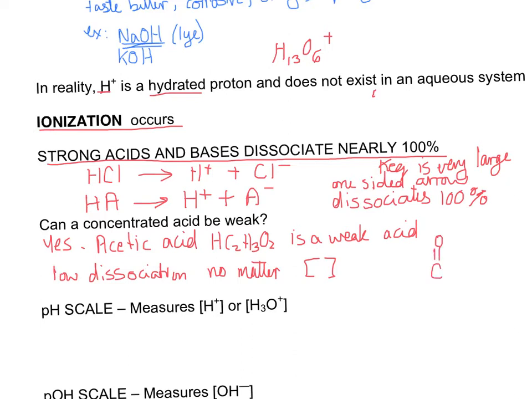You have a C double bond O and then an OH and a CH3 group here. If you remember when we talked about organic chemistry, what makes it acidic is this carboxylic acid group here. You have a carbon double bonded to an oxygen and then an OH.